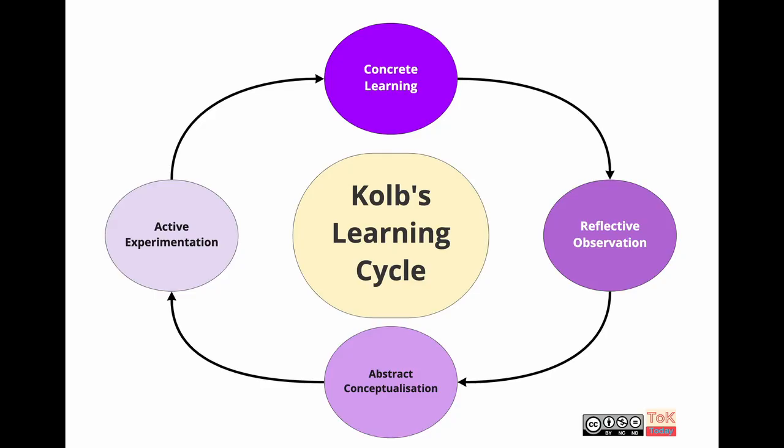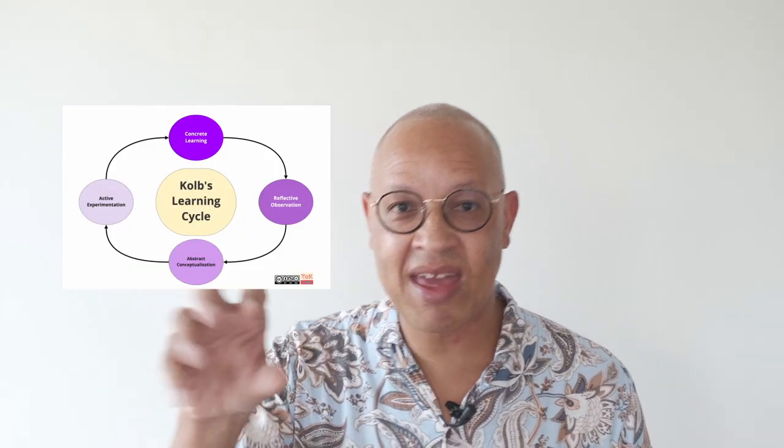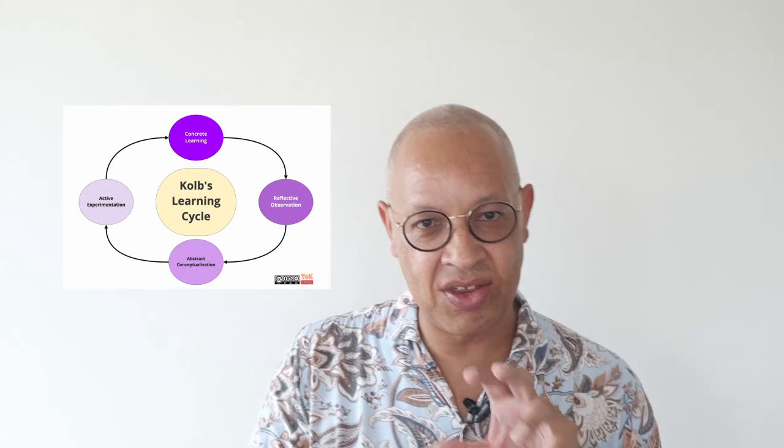So how do we teach students to abstract and reify from the real world? Well, the most effective way that I've found is Kolb's learning cycle. It's a 4-stage model of learning which you can use in planning lessons, and it helps the students to move from that real world into that abstracted and reified ToK world. As I say, I use Kolb's learning cycle to plan lessons. For each stage, I attach an activity to it.